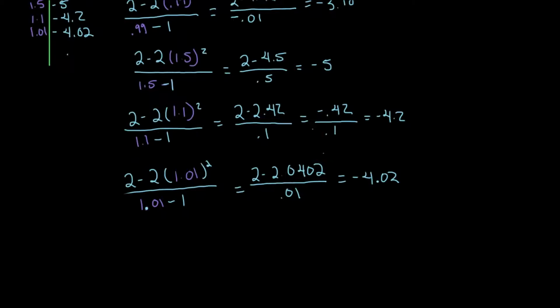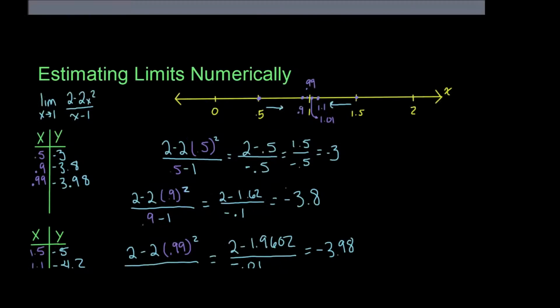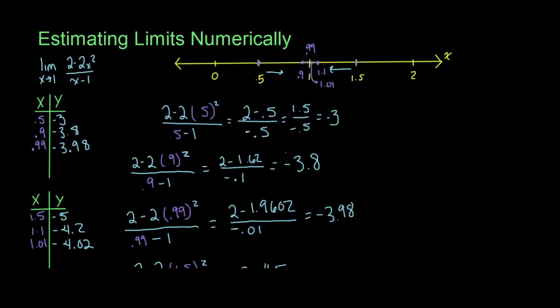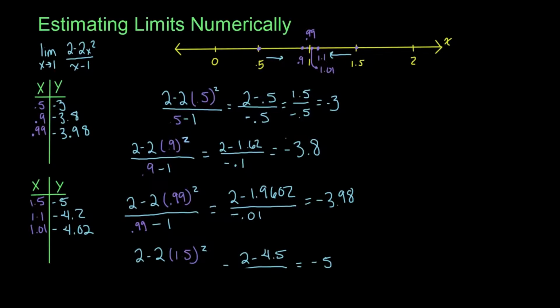Alright, so let's go ahead and examine our values. This is our last step when we estimate limits. We just want to see what value our numbers are approaching. When we look at the values from the left hand side, when we went from 0.5 to 0.9 to 0.99, we went from negative 3 to negative 3.8 to negative 3.98.